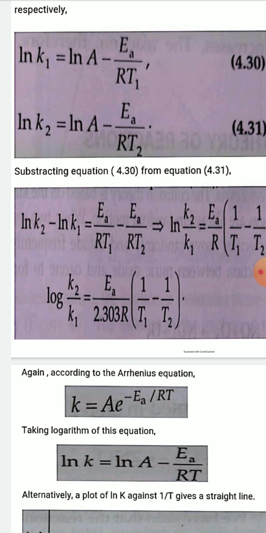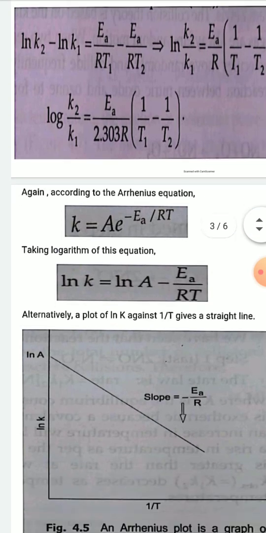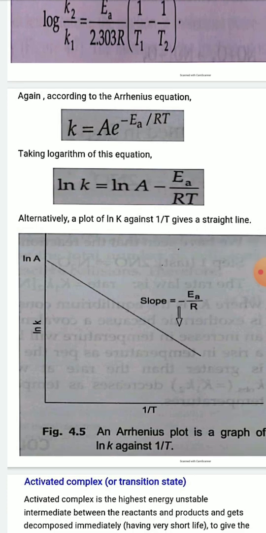This is an important equation. You have to remember it, and by using this equation you can calculate activation energy. You can also calculate it by plotting ln k versus 1 by T for a particular reaction. You will get a straight line with negative slope, and from the slope you can get the value of activation energy.